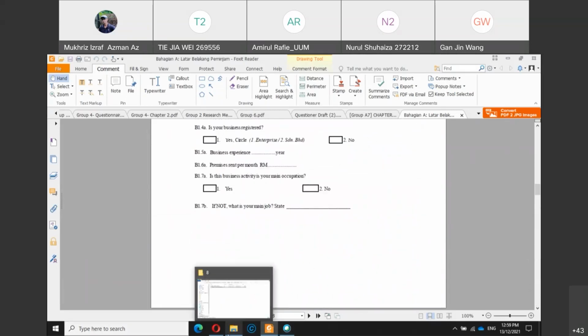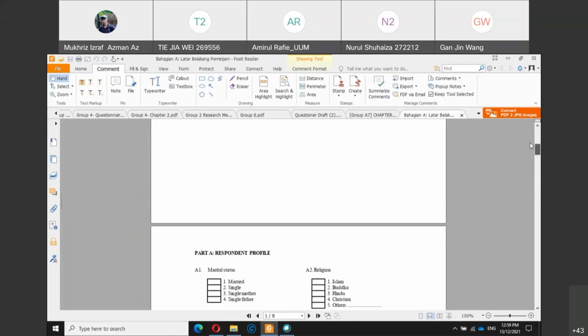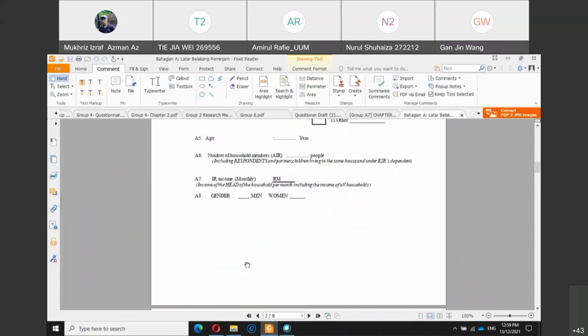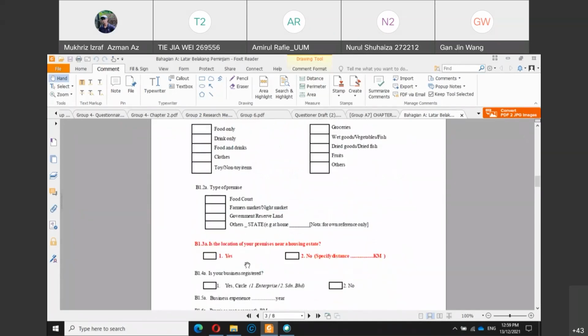Kumpulan 8. Kena tengoklah, because you are targeting SME, but your questionnaire is not meant for SMEs. It's more for the small scale traders, penggerai tepi jalan, pasar malam. That is not SME in the real sense.